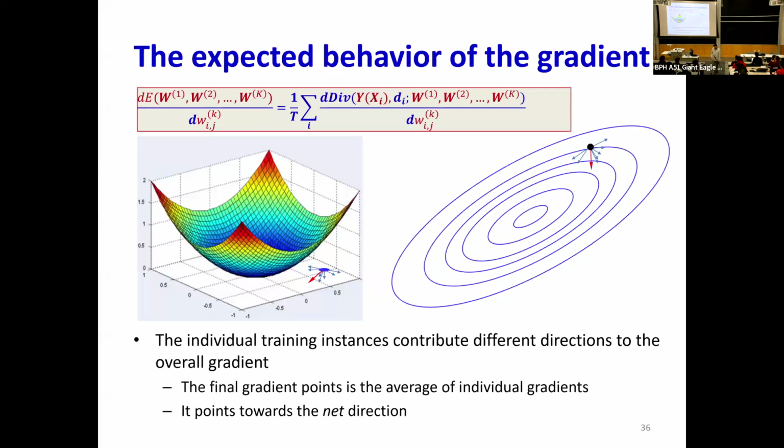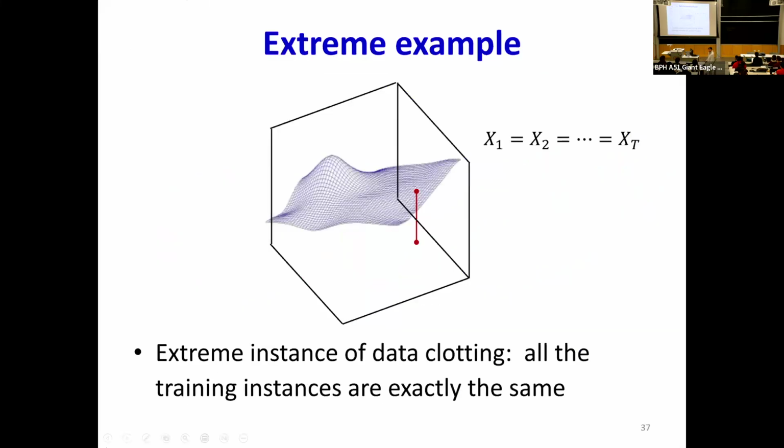One training instance may say the error will go down if you go this way. The other training instance may say the error will go down if you go this way. So you take an average and you say maybe you go down this way, right? So that's basically what we are doing. Now, if all of our training data instances were identical, then what happens?